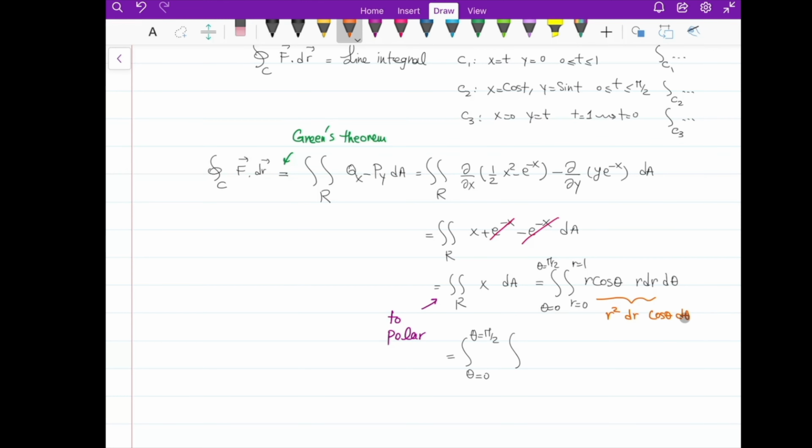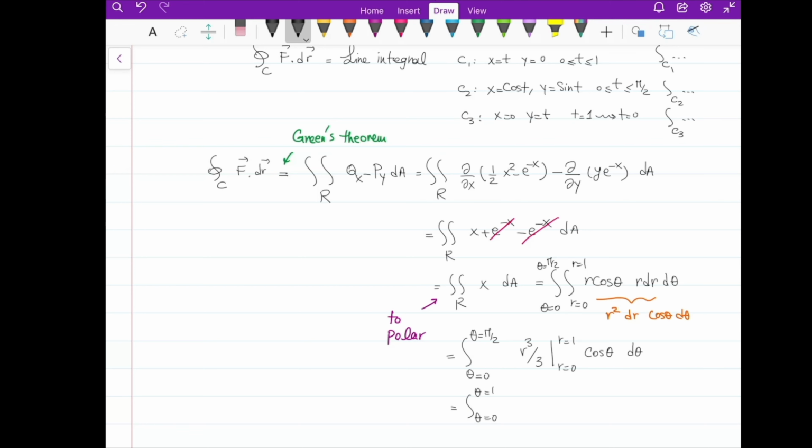So these are the constants that I have, and then the integral of r squared dr would be r cubed over 3, R from 0 to 1, and then cosine theta d theta.